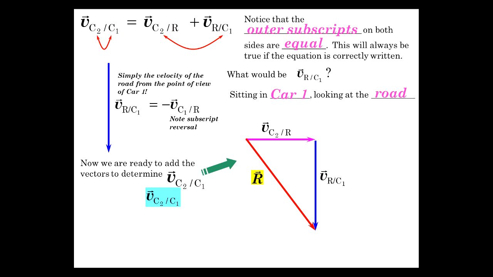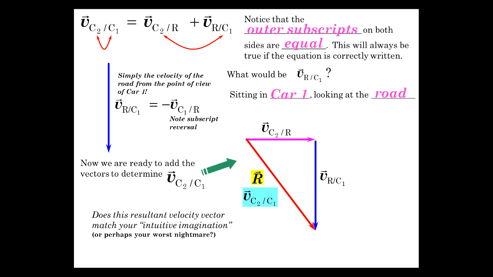Let's just draw the resultant in. Here's the resultant. And we should have our answer, which might match your intuition when you realize that car 1 is moving up. So because of that, the road looks like it's going backwards. But let me discuss it in terms of car 2, because we're looking at the motion of car 2 from the point of view of car 1.